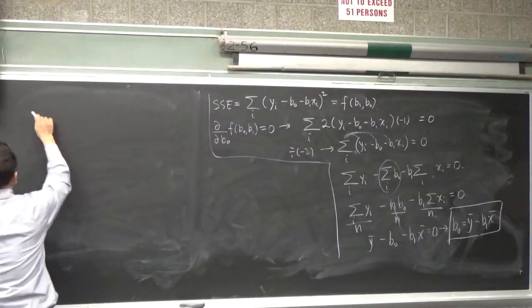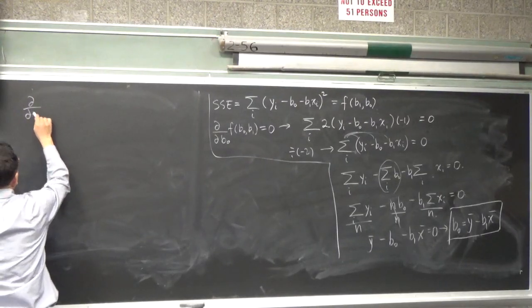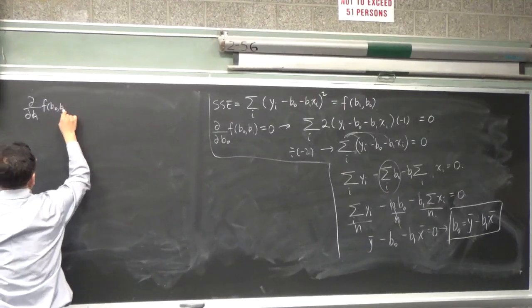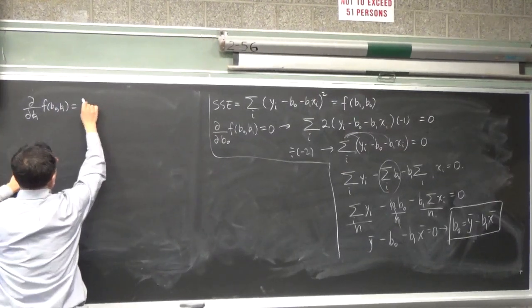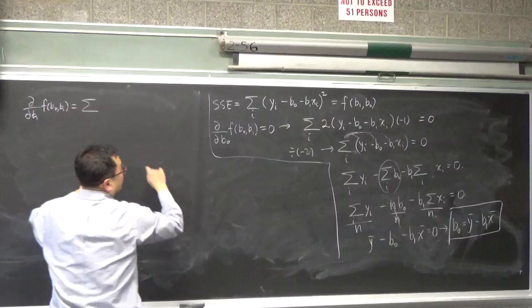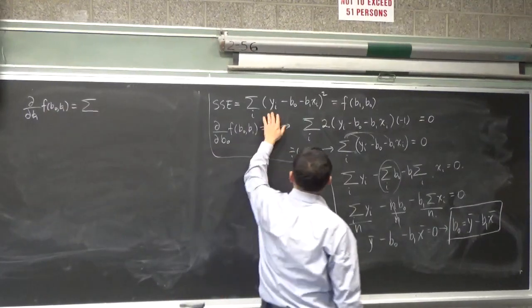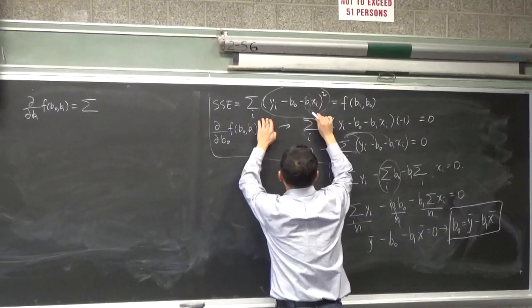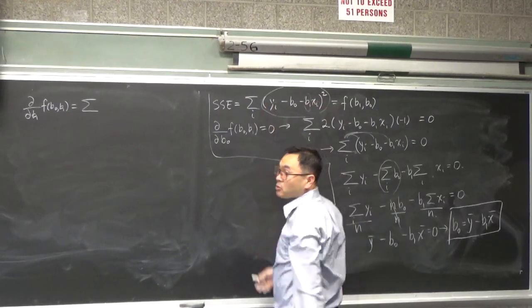So for the second guy, we're going to now do a partial derivative with respect to B1. And trying to differentiate this with respect to B1 still requires a chain rule.